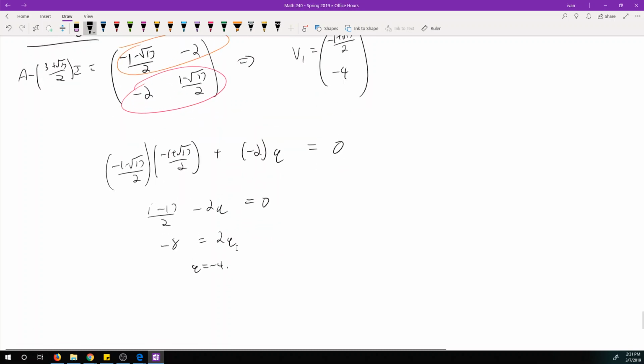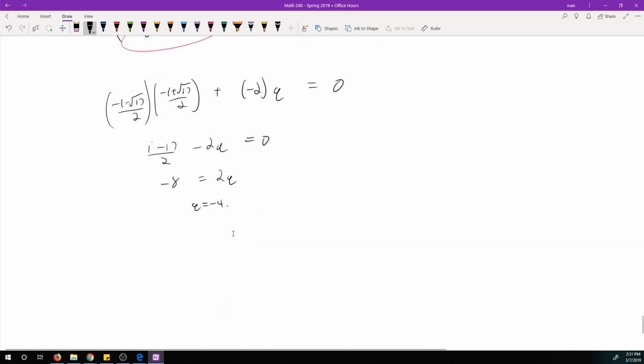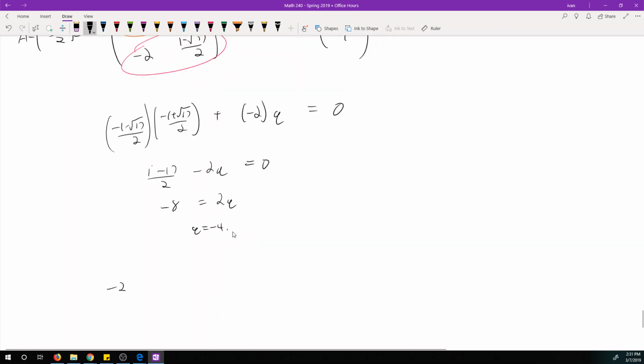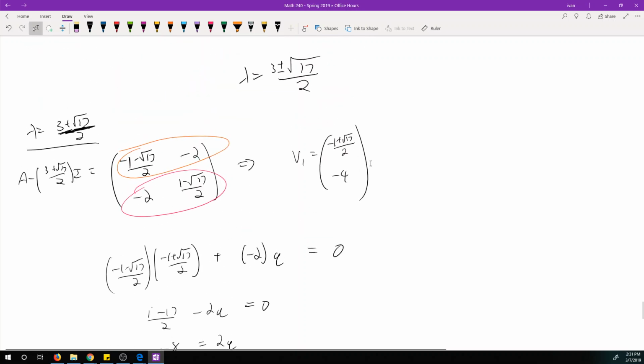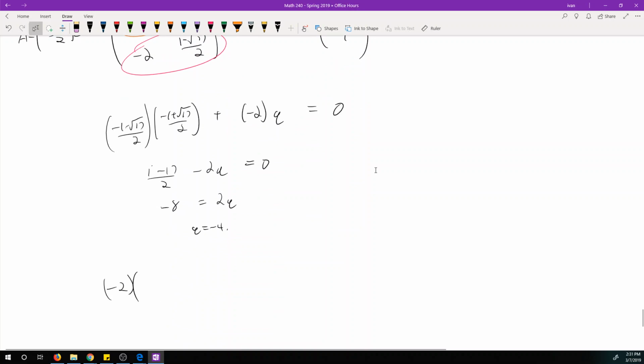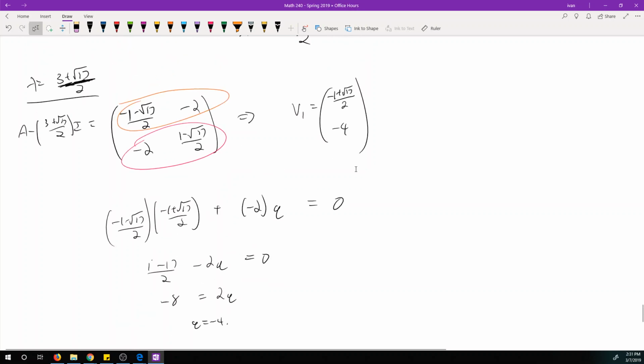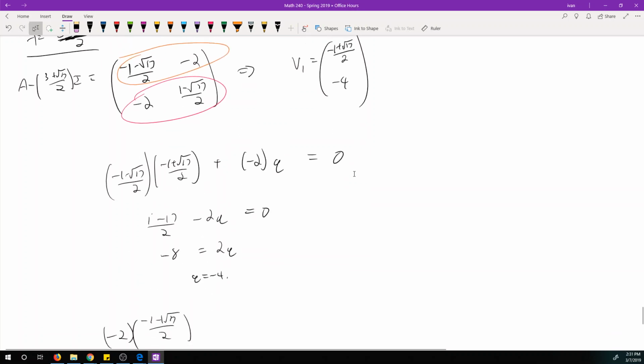Alrighty, and so now we use the second term to check. So now you could do negative 2 times the first value, which is (1 plus root 17)/2, (negative 1 plus root 17)/2. And then the second term is negative 4.